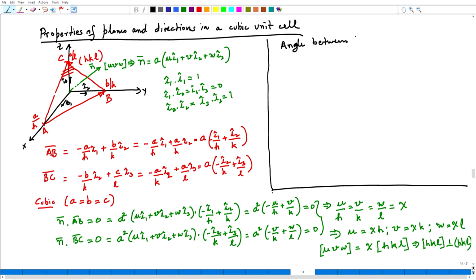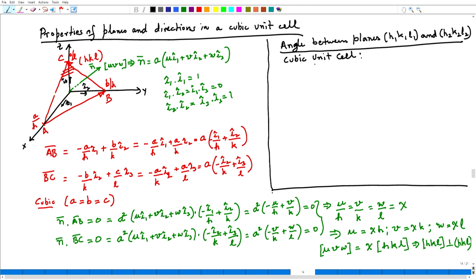Angle between planes H1, K1, L1 and H2, K2, L2. And then again, this is for the cubic unit cell. Now, I have these planes H1, K1, L1 and H2, K2, L2. What would be the angle between the two such planes? The angle would be defined by their plane normals.